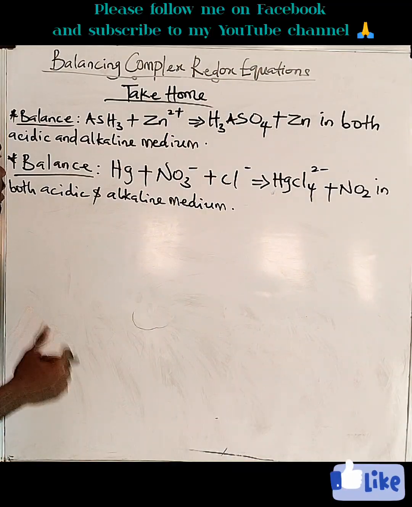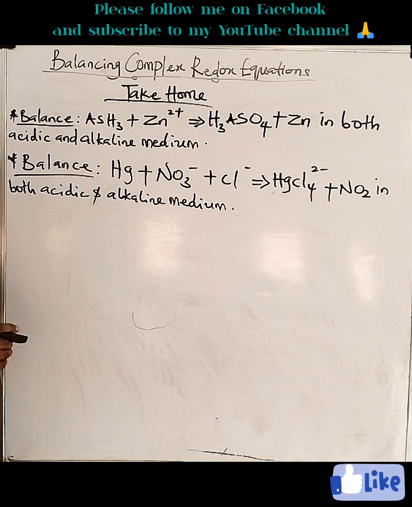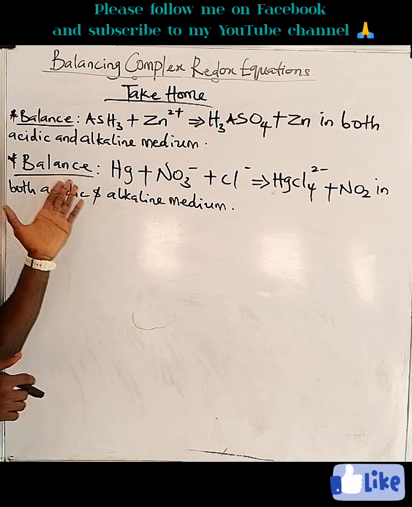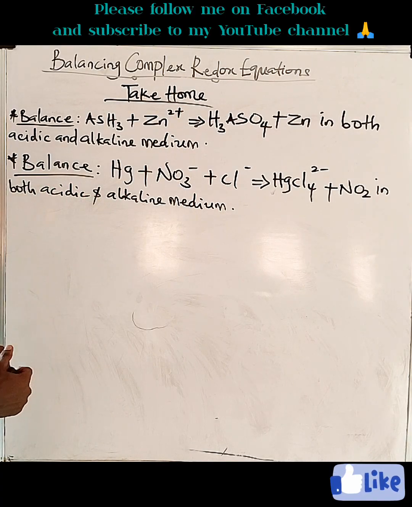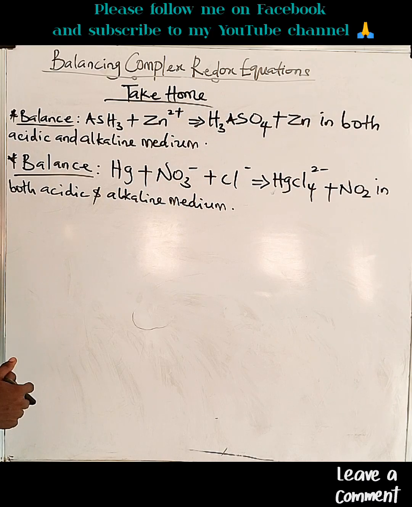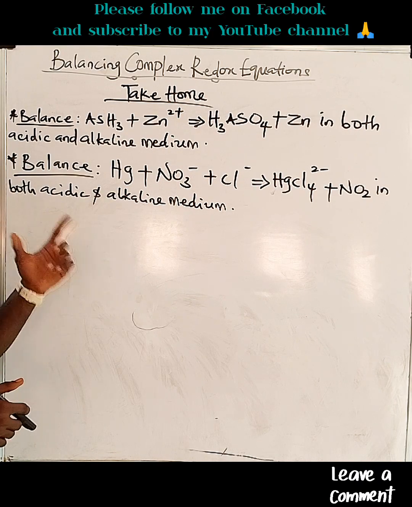Okay, guys, we're going to be rounding off everything on redox equation and complex redox equation with these 2 major questions. So number 1, we are asked to balance AsH3 plus Zn2+, that zinc ion, equals H3AsO4 plus Zn, in both acidic and alkaline medium.